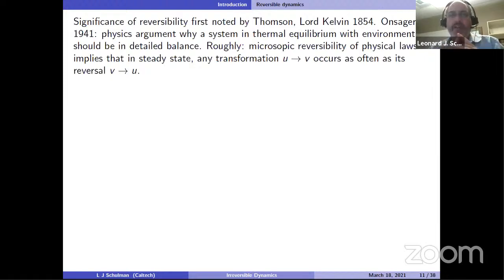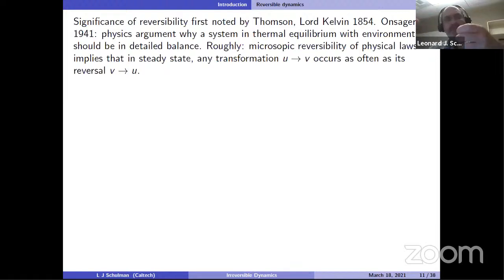And then almost 90 years went by until Lars Onsager gave a physically motivated argument for why, when a physical system is in thermal equilibrium with its environment, again, what we model by the canonical ensemble I mentioned before, that kind of system should actually be in detailed balance. It's not obvious at all, but his idea has to do with the microscopic reversibility of physical laws.